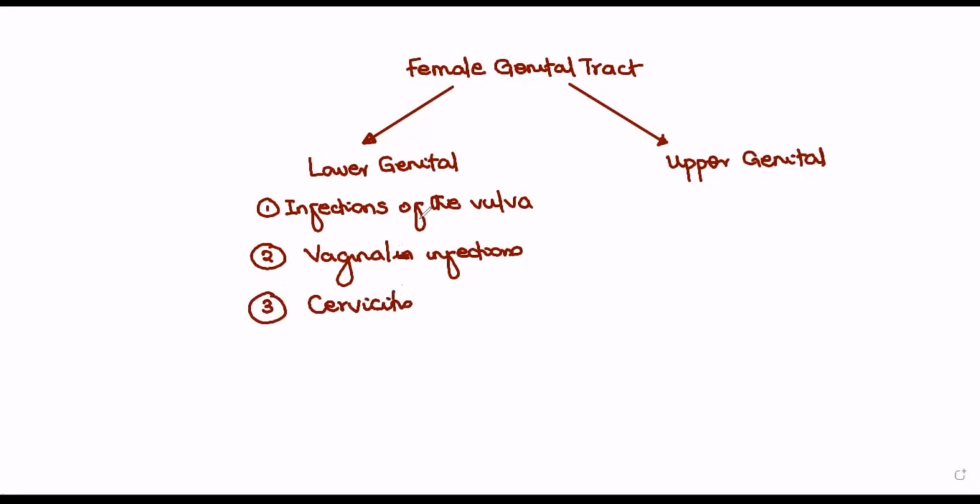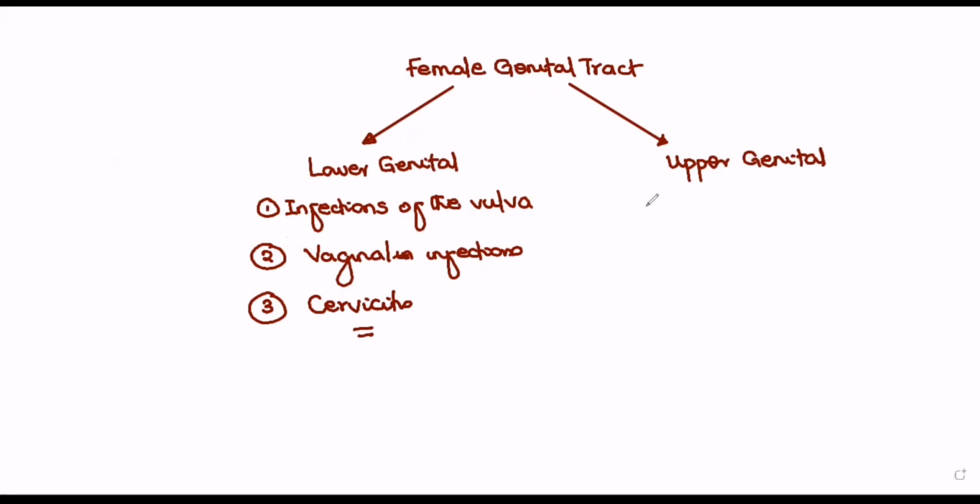Yes. Sometimes the infections of the vulva and then the vagina are combined into an entity called vulvovaginitis. So one can say that the infections of the lower genital tract can be grouped into vulvovaginitis and then cervicitis. But please just note them this way: that you have infections of the vulva, infections of the vagina, and infections of the cervix, right?